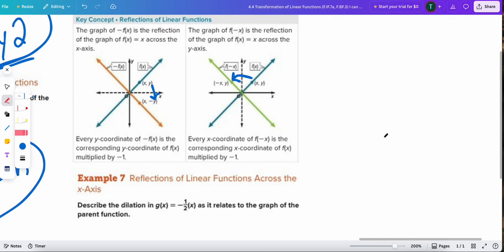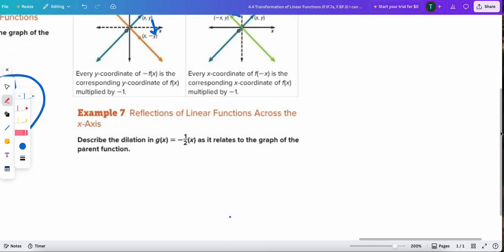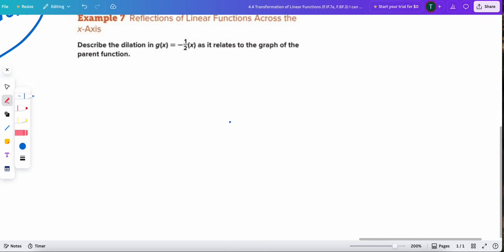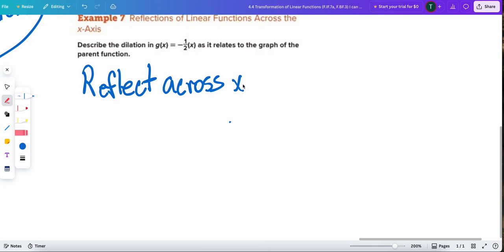So this next one wants us to apply the dilation. So not only are we going to be multiplying it by a number, but they also have us reflect here. So when we're reflecting, this reflection is happening on the outside of the function. So it would affect our y's. In order for it to affect our y's, we reflect across the x-axis. And since it's affecting y, it's going to be a vertical.